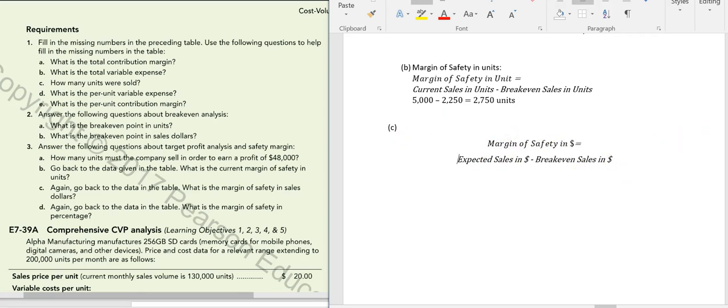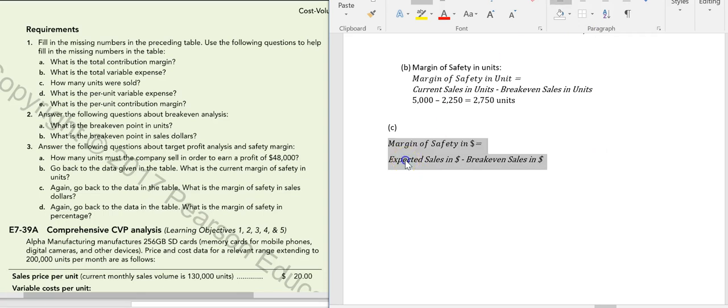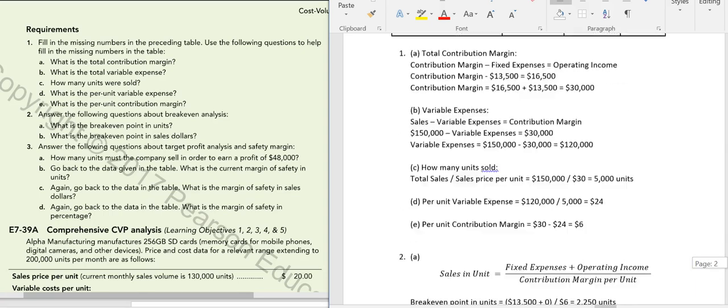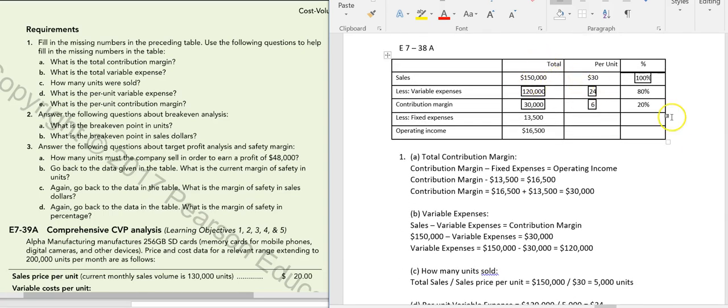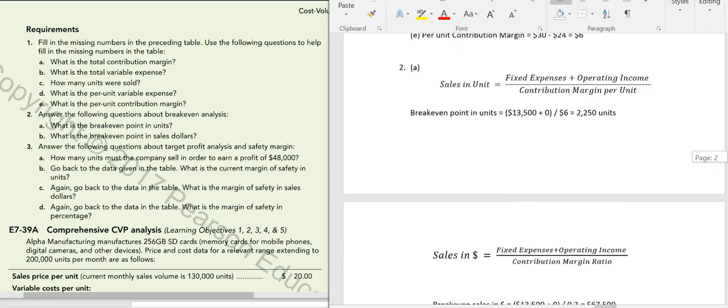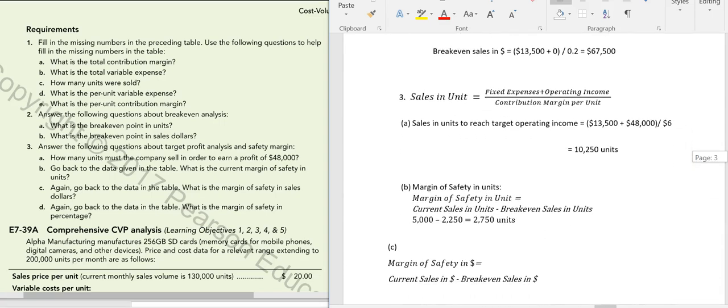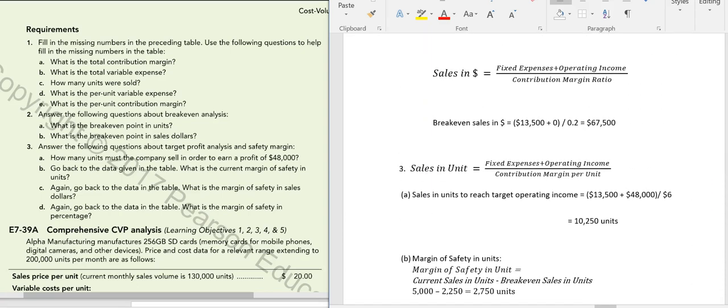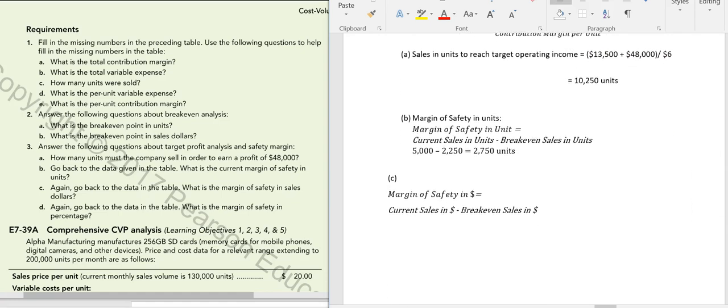It's again the same thing, but the formula says expected sales, and I would say it's current sales, because they want us to calculate the margin of safety in dollar value based on their current sales. If you go back to their table, I believe current sales is 150,000, and if I subtract our break-even sales, which we found here, 67,500, we will find our margin of safety in dollar value.